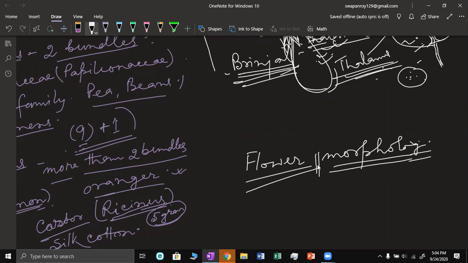The root, stem and leaves portions are not included for your school exam, and anatomy is also not included, only the flower portion is included.